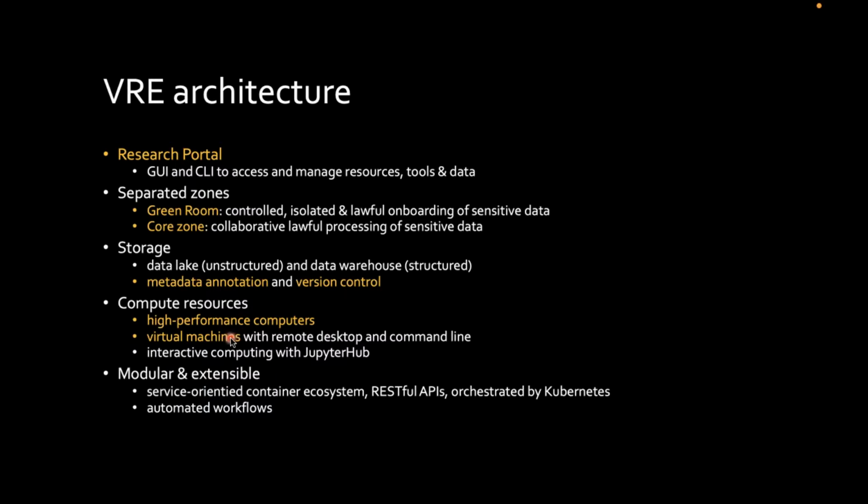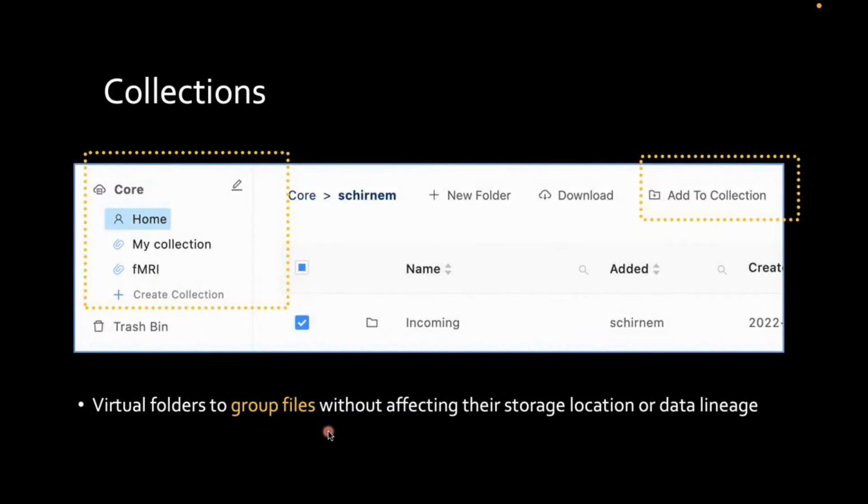The architecture is: we have the research portal with a GUI and a command line interface to manage these resources. We have the separated zones, the green room for data onboarding and the core zone for processing the data. We have storage in the background that allows you to store structured and unstructured data and to search this data. It can then be annotated with metadata and version controlled.